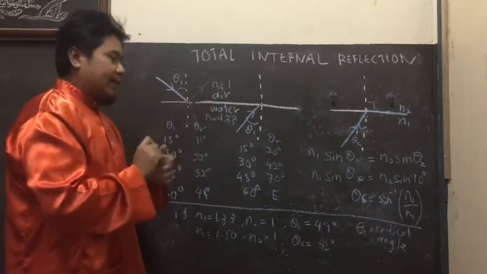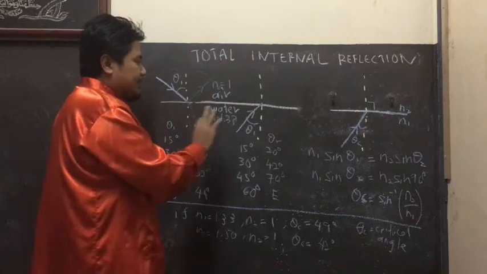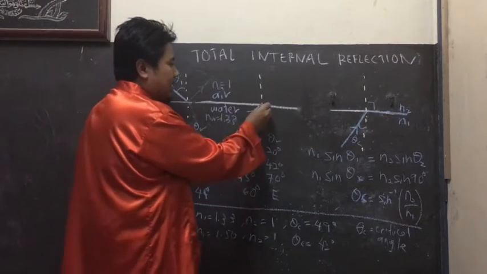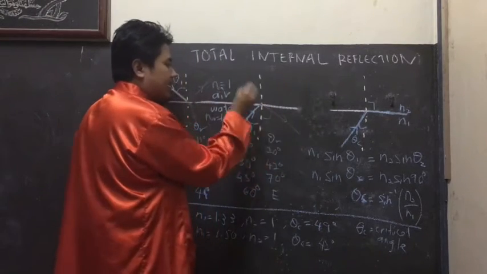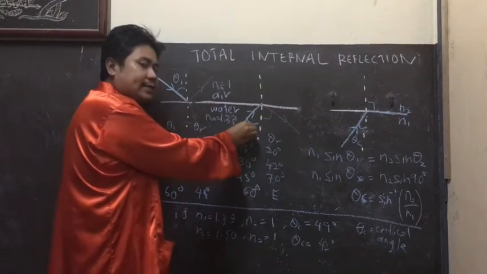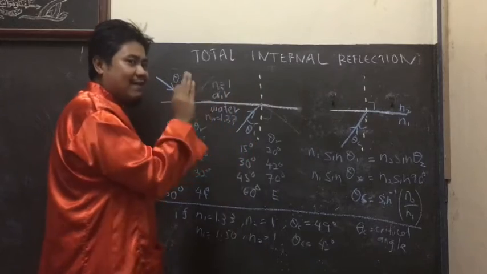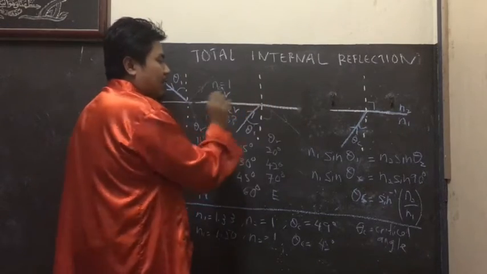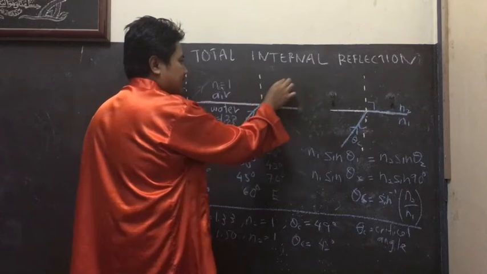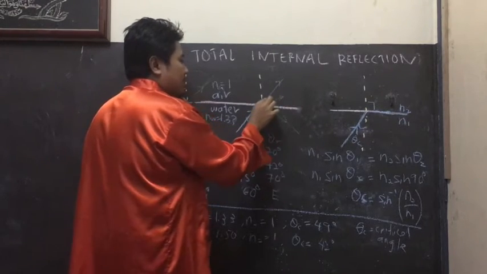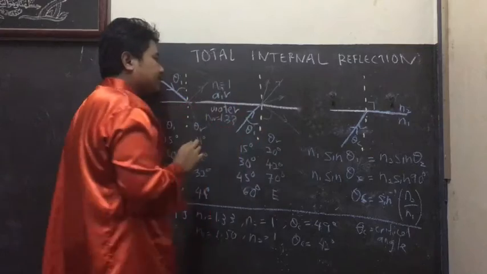The same thing occurs, because we will also have reflection, where the reflected angle is equal to the incident angle. How about the refraction? Is it going straight, away from the normal, or closer to the normal?